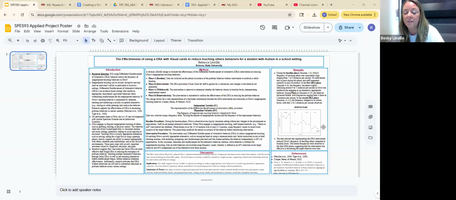In sessions 4 to 6, the frequency decreased slightly. This was with the DRA in place and the visual cards in place. During phase A, the baseline phase, again, for sessions 8 to 10, the behavior decreased a little bit more.